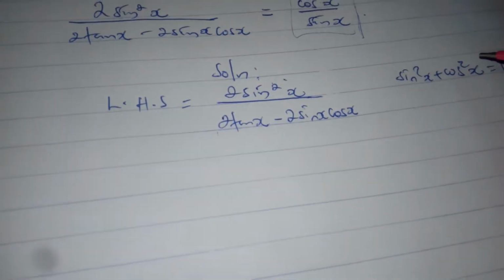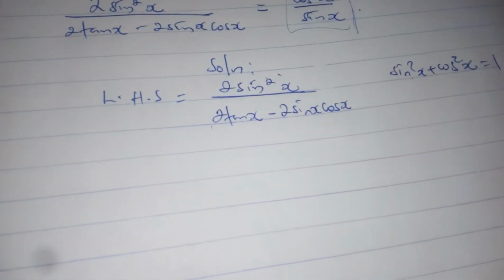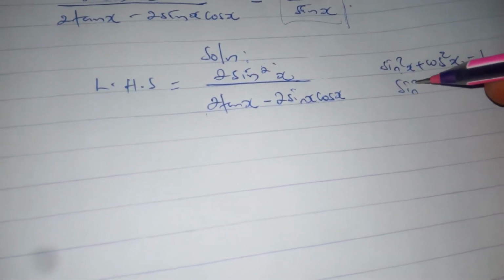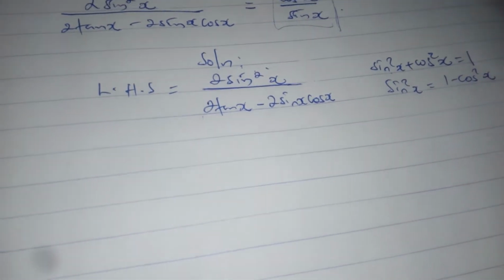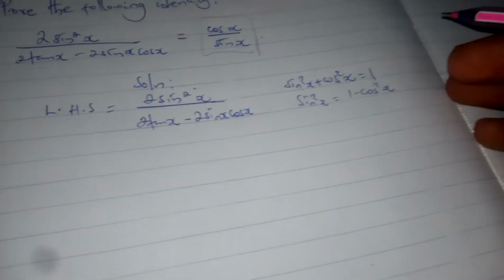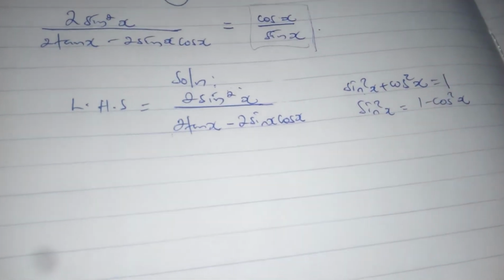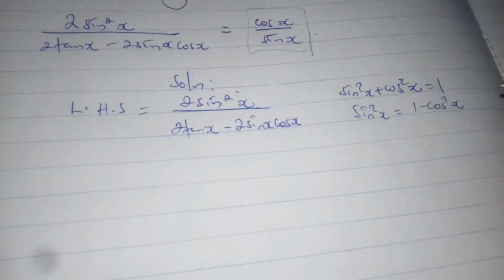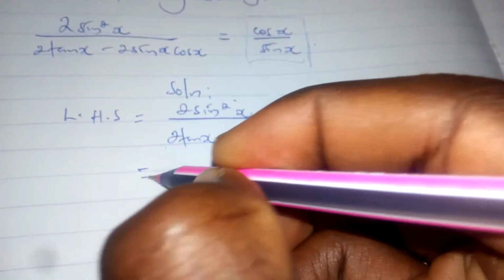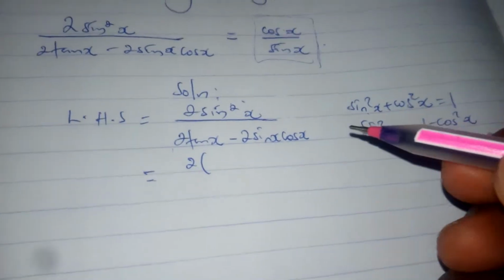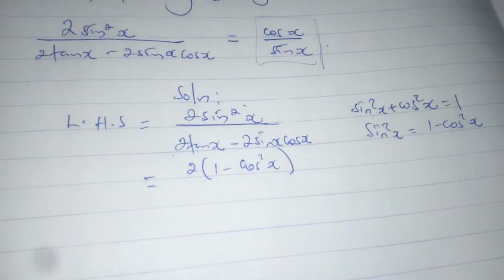So we try to make sine squared x a subject to substitute that. Sine squared x will be 1 minus cos squared x. I think you can be familiar with that. We have made sine squared x a subject, so we can replace that there. So we're going to have 2 into 1 minus cos squared x.